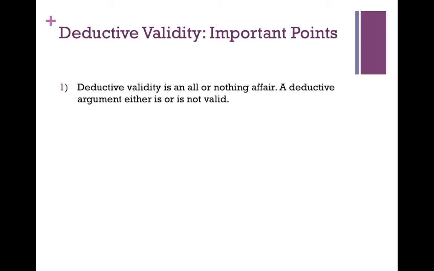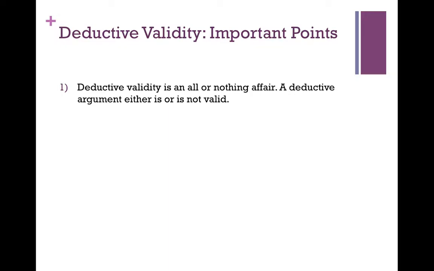The first point I want to make about deductive validity is that a deductive argument is either valid or invalid. It's an all or nothing affair. I know that, in ordinary life, we'll say, well, that's a kind of valid point you make there. That's pretty valid, or that's not so valid. We'll use that kind of language of validity being a degreed property, but not right here.